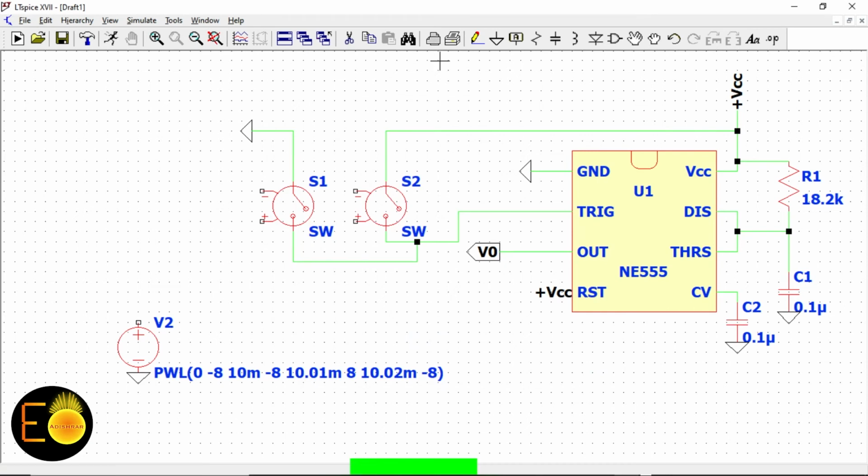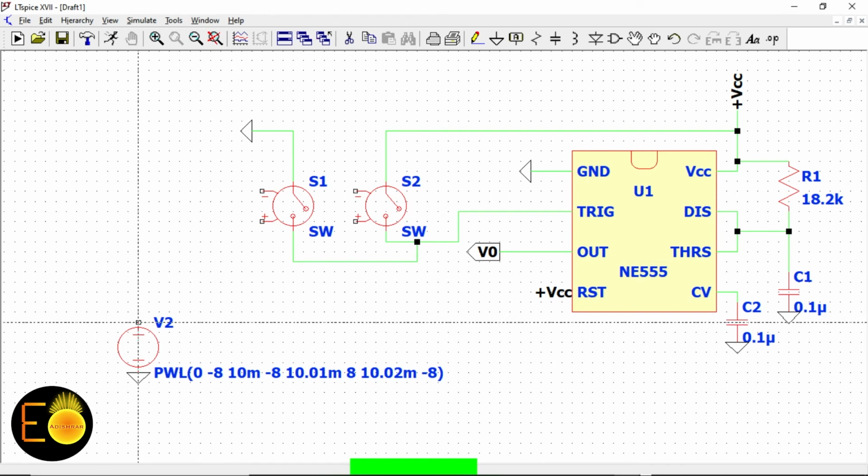Now, in general, this pulse voltage will stay at its minus 8 volt when nothing is happening. Therefore, the minus 8 volt generally turns on this switch 2, which connects this plus VCC to this trigger terminal.